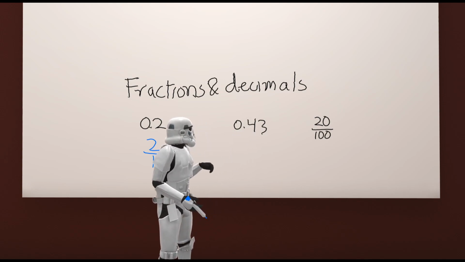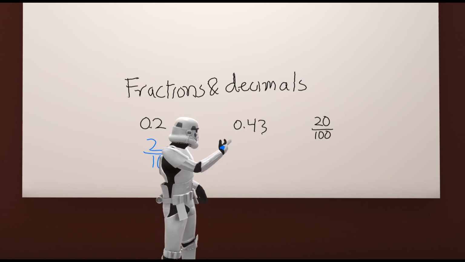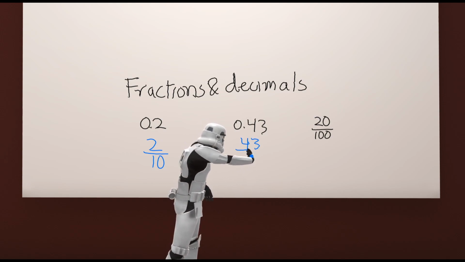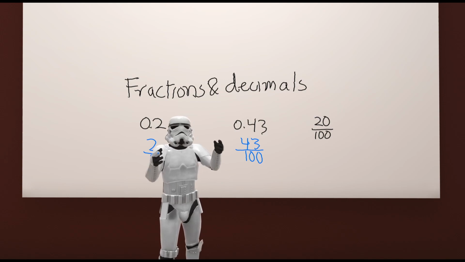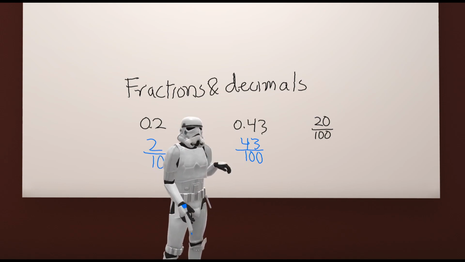So this 0.43, if we were to write this as a fraction, it would be 43 over 100, because this is 3/100ths. Alright? So 43 hundredths.